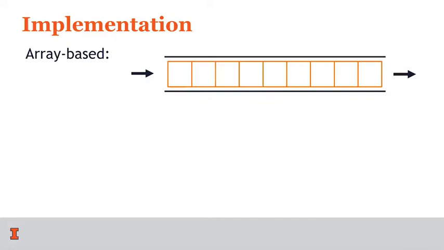Internally, a queue can be implemented with either of our 2 basic data types that we've already discussed. We can have an array-based queue or a linked list-based queue. In an array-based queue, an array is going to sit in the queue and will have an index for each element in the array. The array will be an initial size, and again, we can expand it by doubling the size or shrinking it by halving the size as we need to.